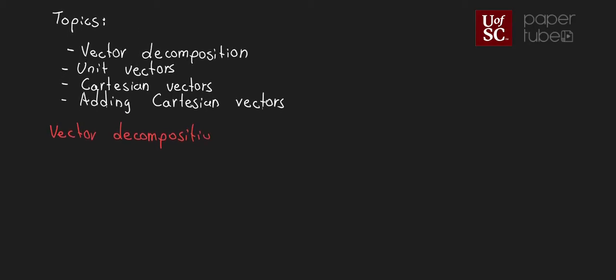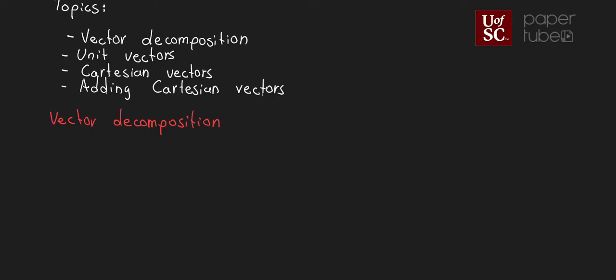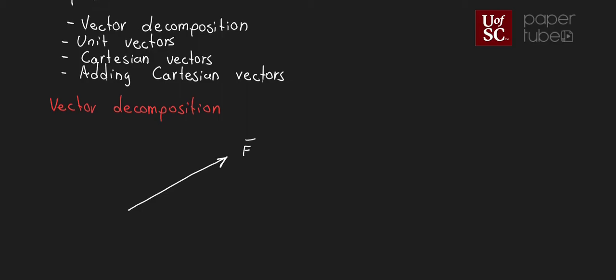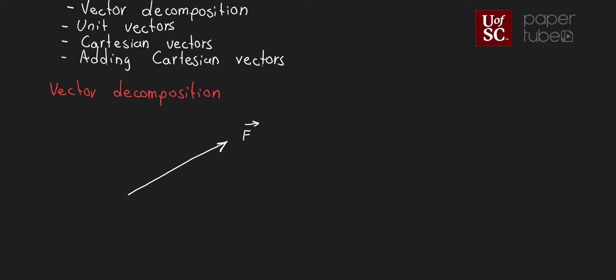The idea is that if we have a vector F, let's say this is describing a force, and I have two directions in which I want to express this vector, or I like to call it break it down into different components.